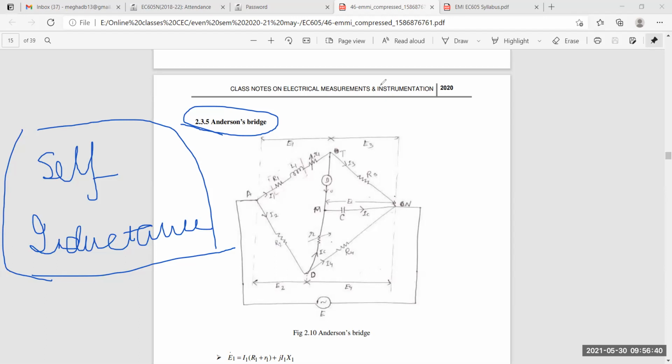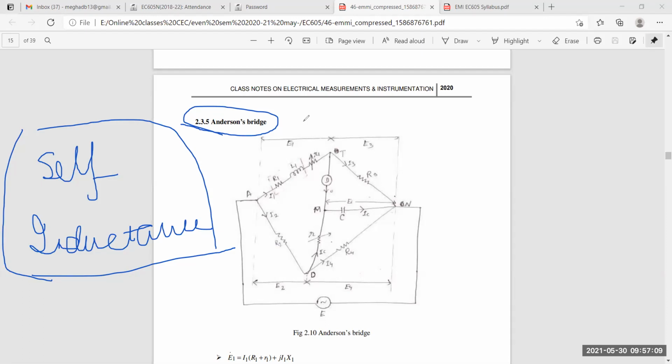So come and see this diagram of Anderson Bridge. You can say it is an advanced form of the Maxwell inductance-capacitance bridge. And in Anderson Bridge, the unknown inductance is compared with the standard fixed capacitance. Just like the previous Hayes and Maxwell bridges, what did we do there?